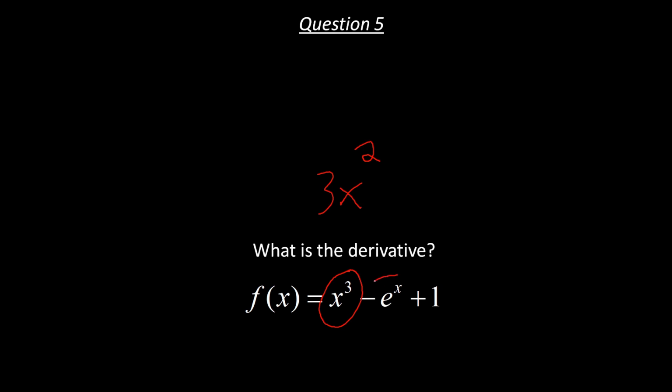We then recognize the next function is the exponential pattern, and the derivative of e to the x is itself. And then we recognize the next function is a constant function, and the derivative of a constant is always 0. And there's our answer.